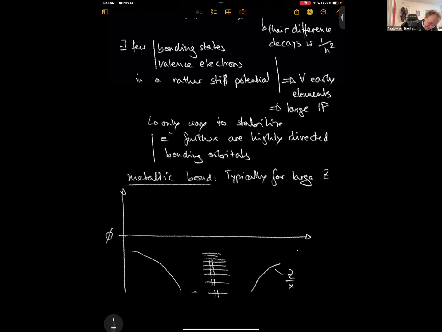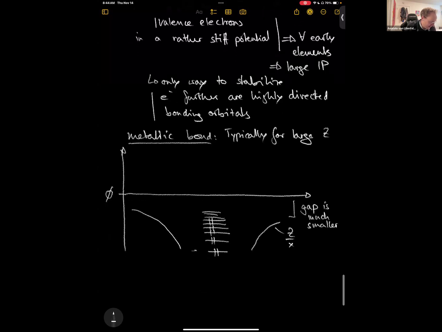And so this gap, the gap to zero, is much smaller. And indeed, for the metal, by definition, the gap has become zero, right?